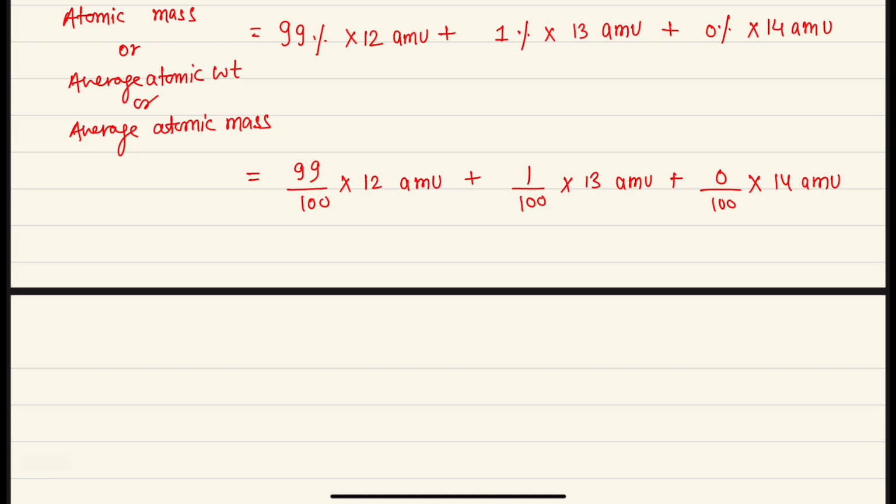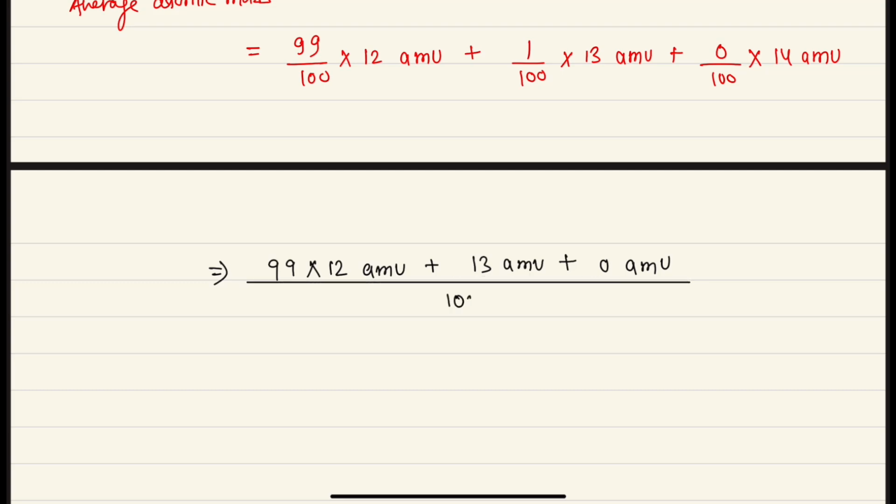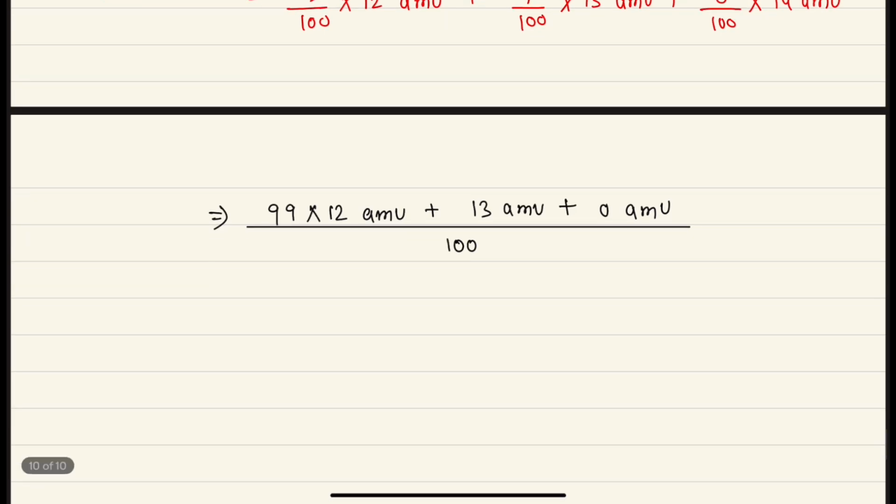And from here you will get 99 into 12 AMU plus 13 AMU plus 0 into 14, which is 0 AMU, and divided by 100. And after solving this, you will get approx 12.01 AMU.